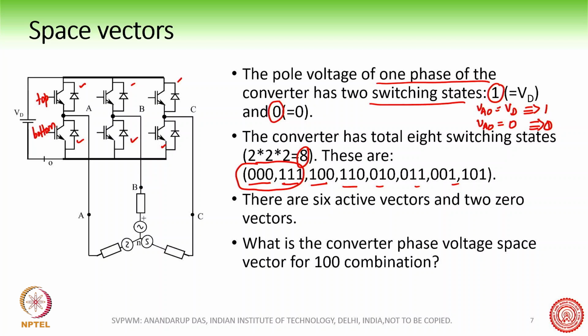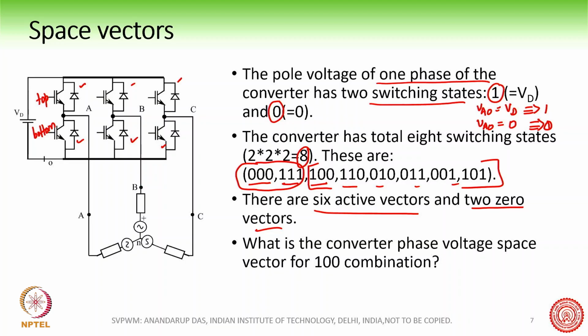So these are the 2 zero vectors. The remaining 6 switching combinations are called active, and they will produce 6 active vectors. What are these active vectors and how do they look? That is what we will see.